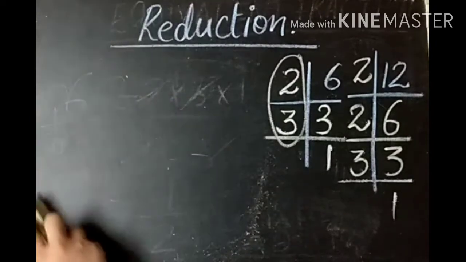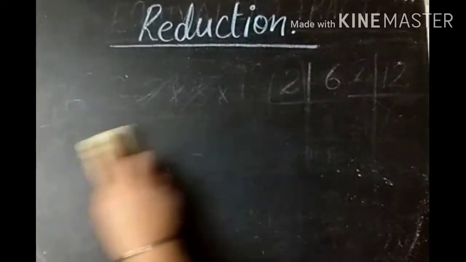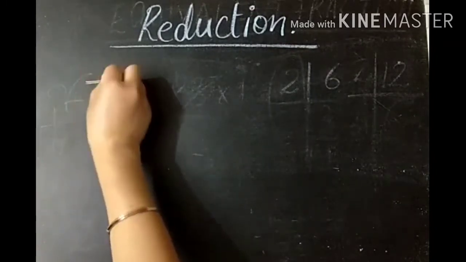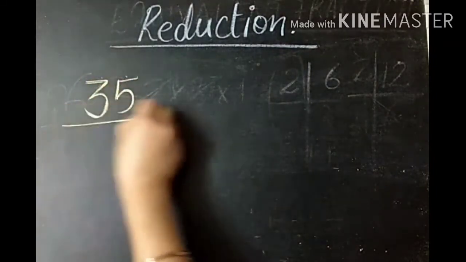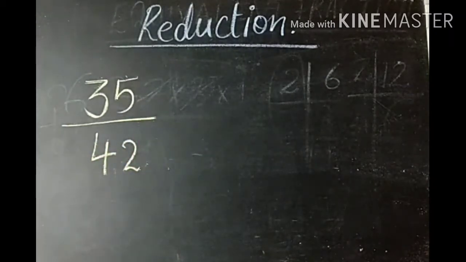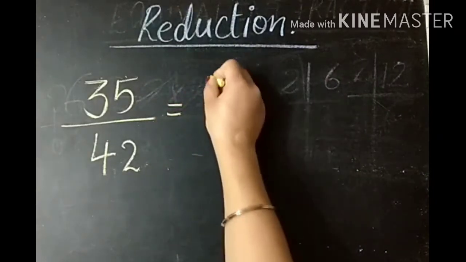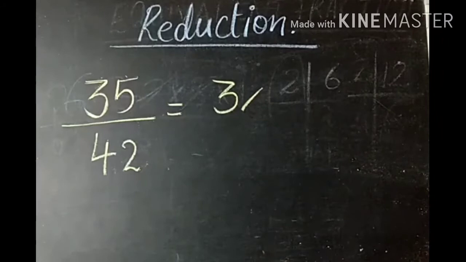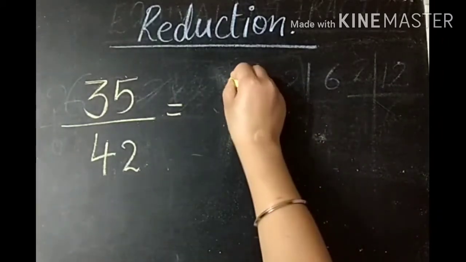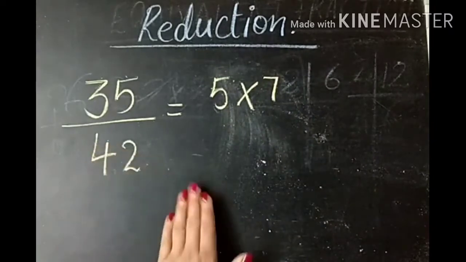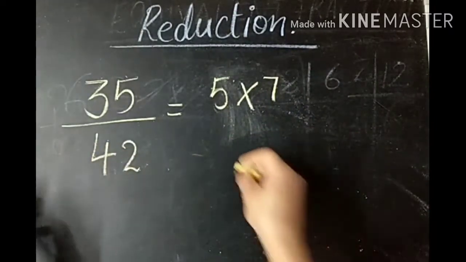Let us take one more example, a little bigger number. Let us take 35 by 42. Let us find out the common factors over here. We can simply say 5 times 7 is 35. These are the prime factors we have.